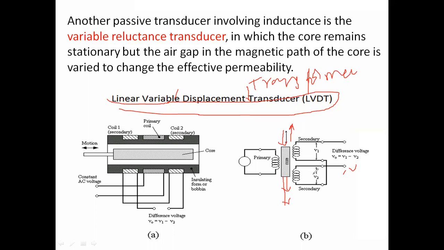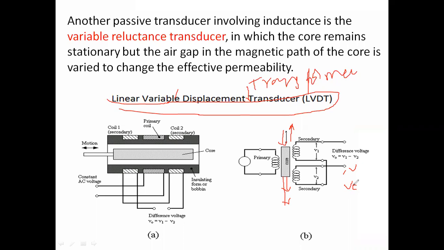The voltages produced in V1 and V2 correspond to the position of the core. So at the extreme downward position we get V0 equal to minus V2.